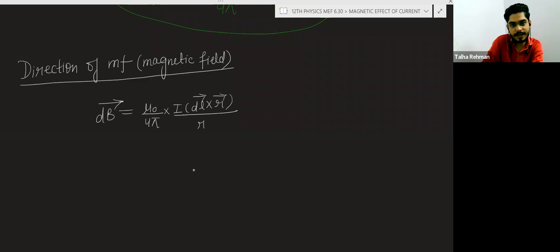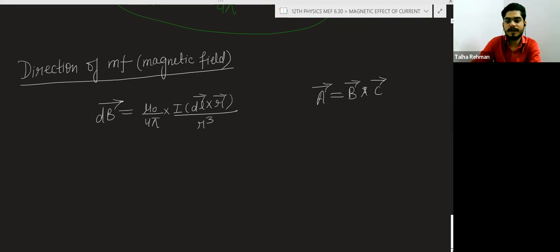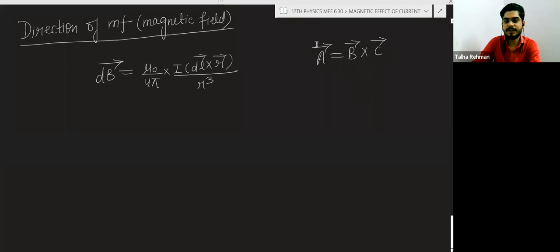divided by r cube. And one thing more: suppose you have a vector written like this, b vector cross c vector, then you can say the direction of this a vector will be perpendicular to b vector and also perpendicular to c vector.